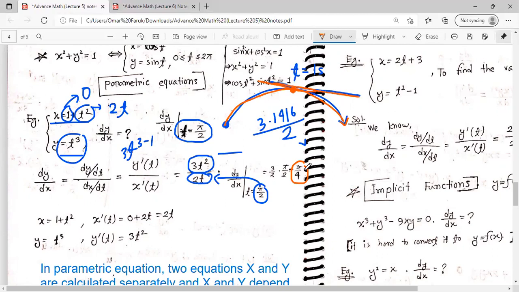3 pi by 4. So if the question told us to find the derivative here, then our time would change, right?